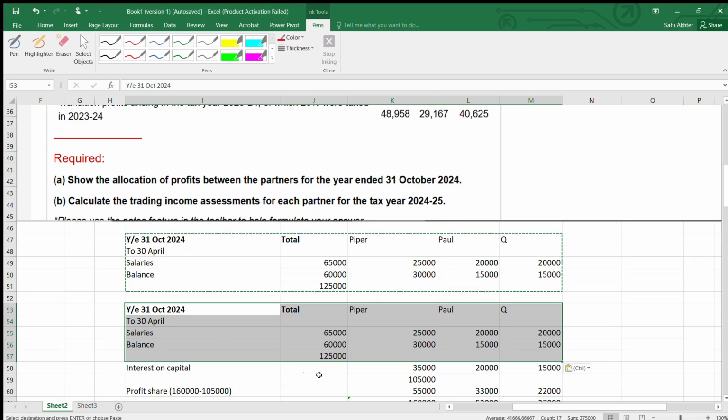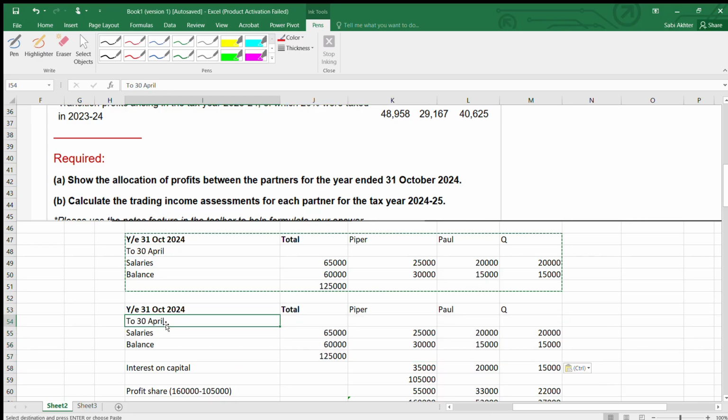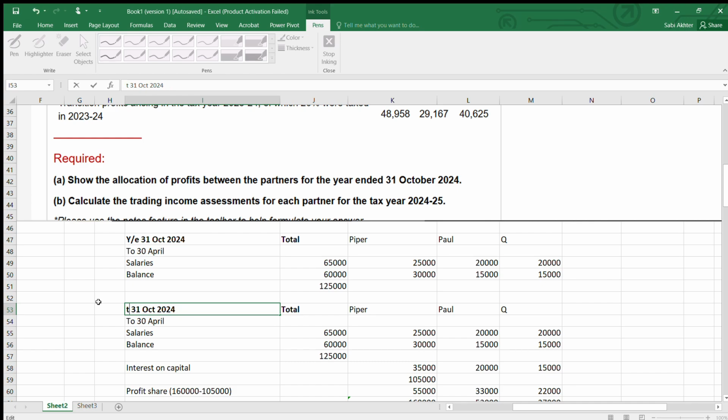Okay. So here it is to 31st October 2024. That means from April to October. Again 6 months of 250. So this one will be same because it is 6 months.